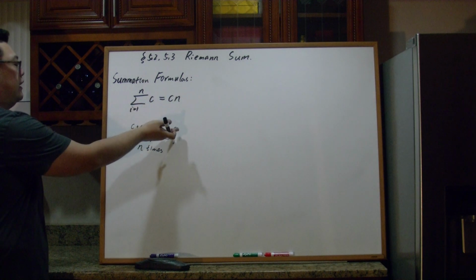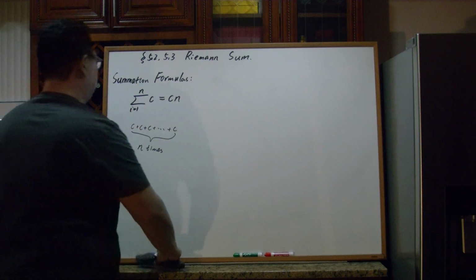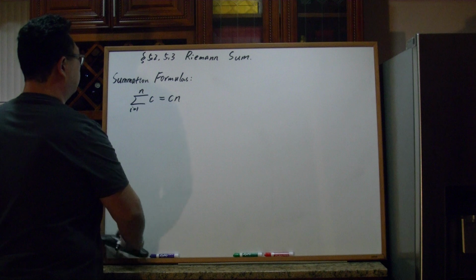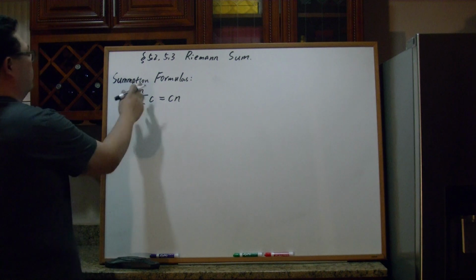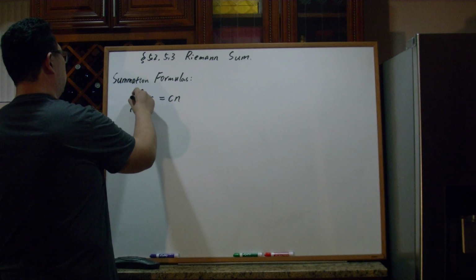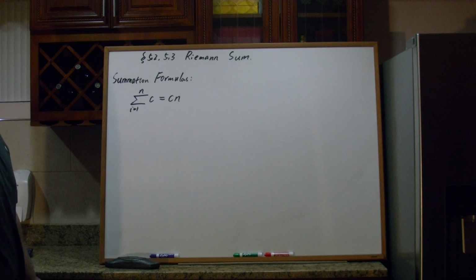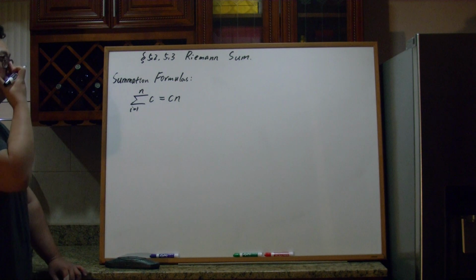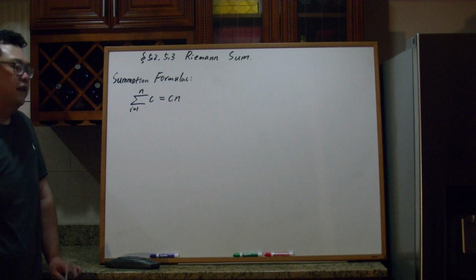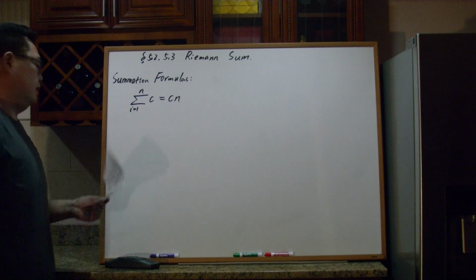If we add c n times, that means c times n. So the summation of a constant for i from 1 to n equals c times n. This is a capital sigma, if you have seen that, maybe in statistics, where the capital sigma stands for summation.